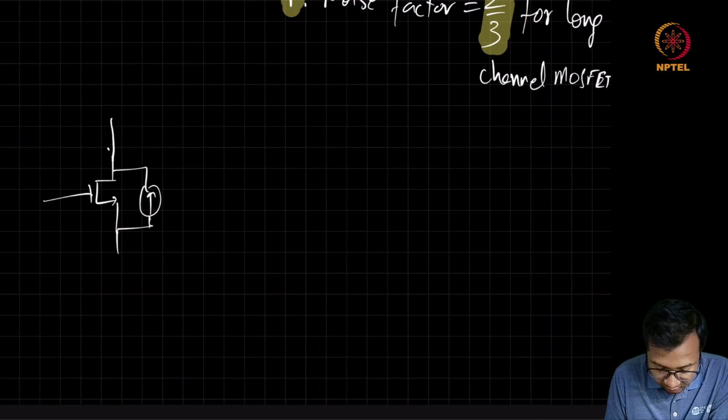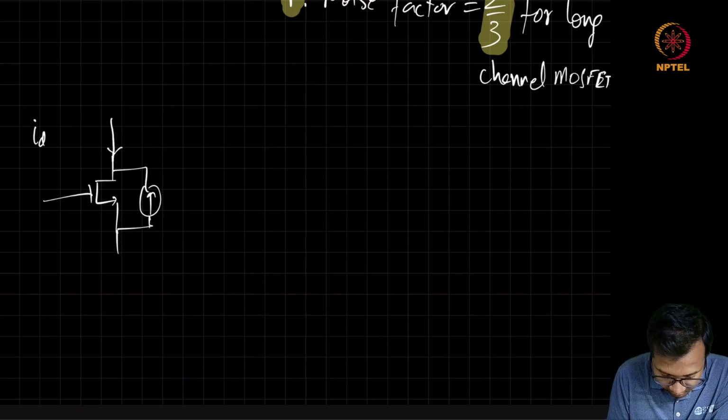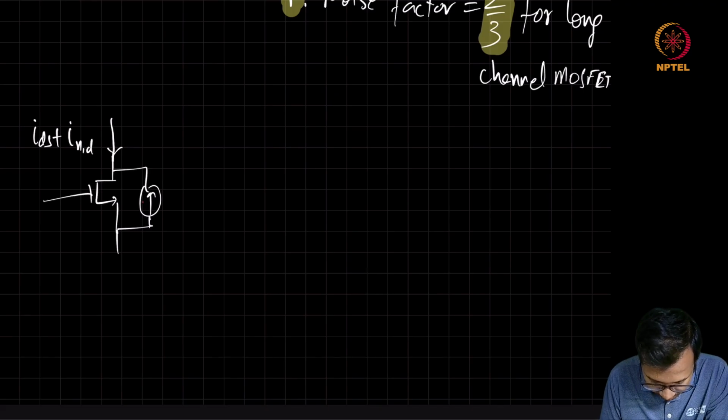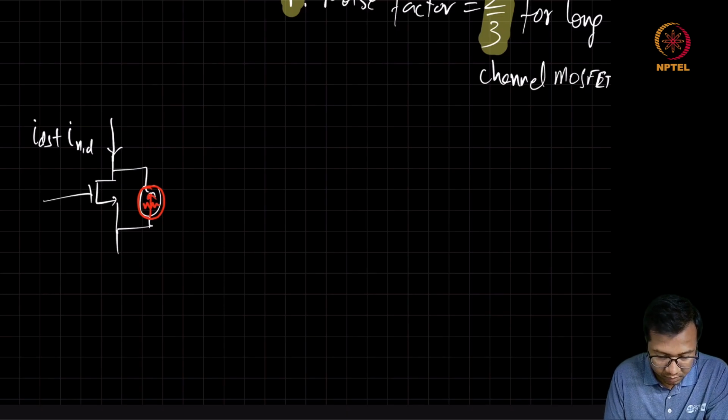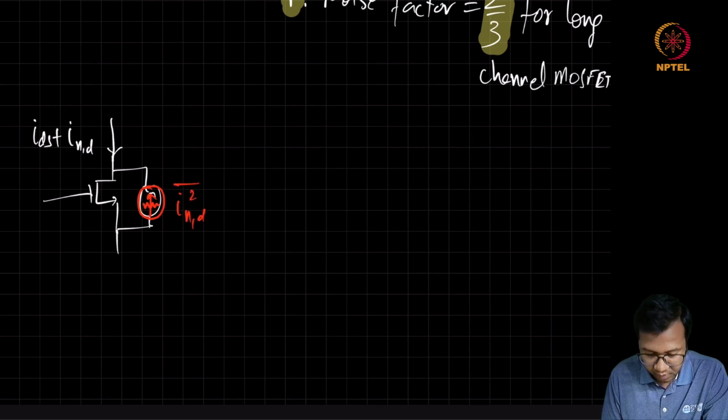So the total current is going to be IDS plus IND, where this current source is modeling the noise and it has a noise PSD of IND.